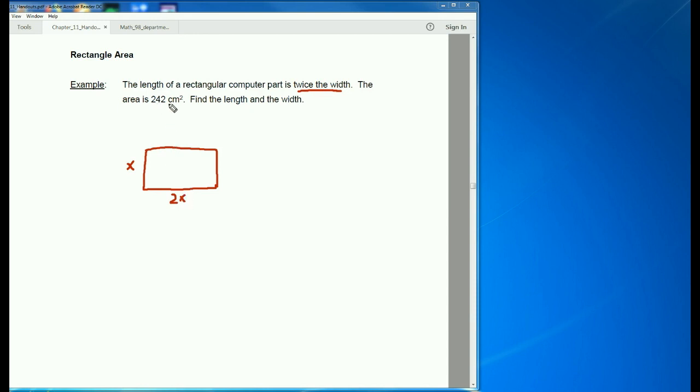And we know that the area equals 242. And of course the area of a rectangle is just the length times the width. So in other words, area, which is known to be 242, is equal to the length, 2x, times the width, x, or 2x squared.